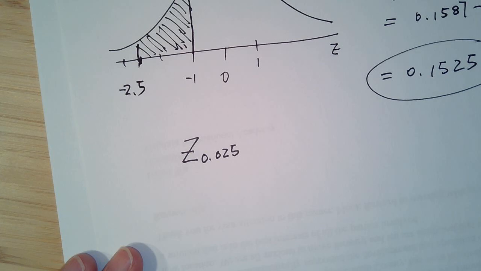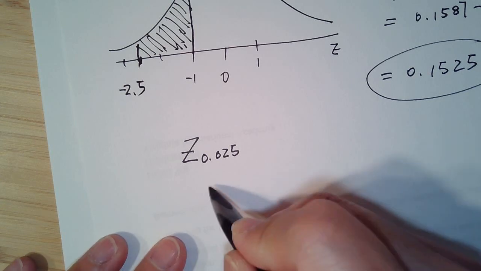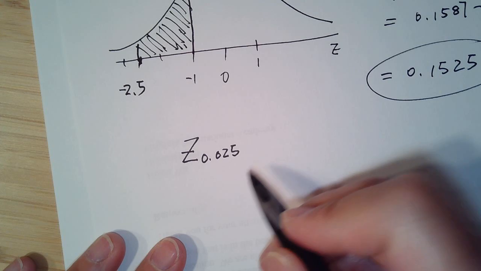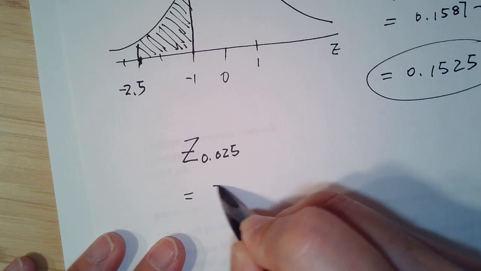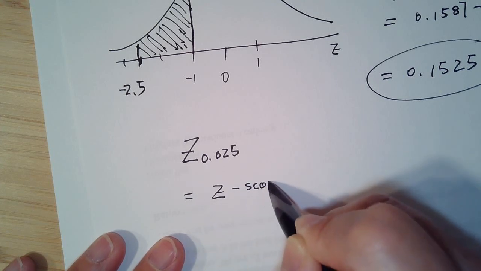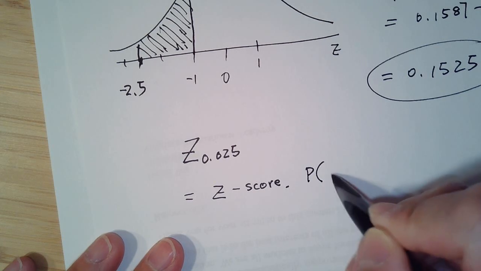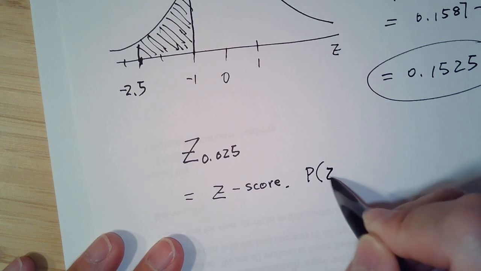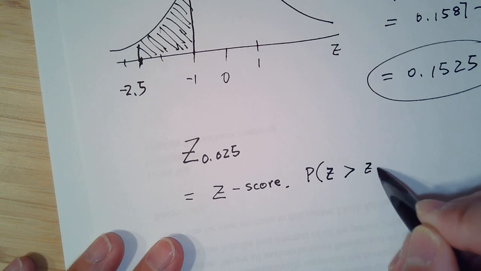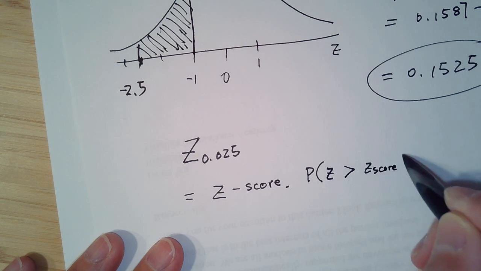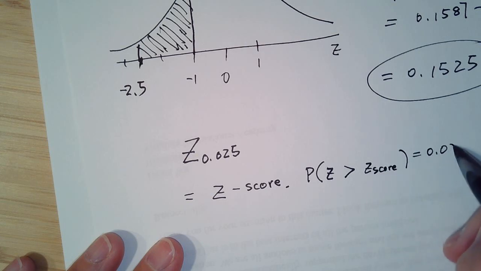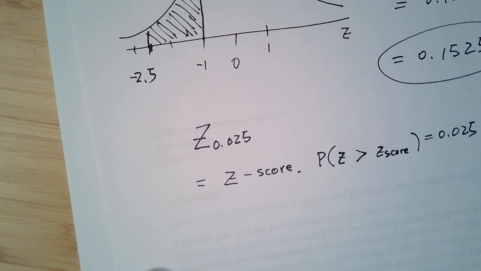This is called the z-score, and the probability that z is greater than this z-score equals 0.025. So what does that mean?